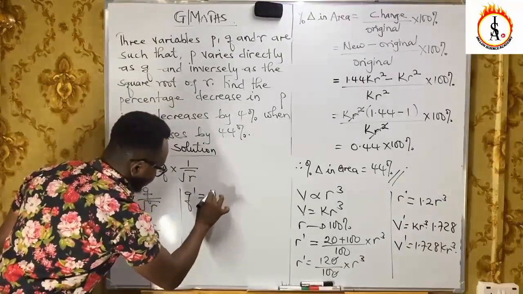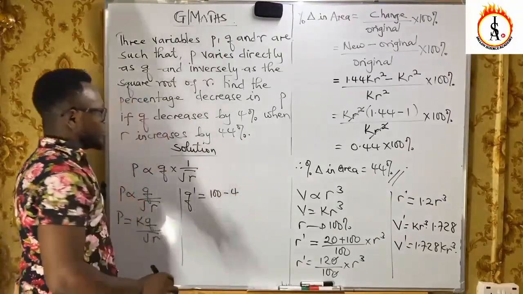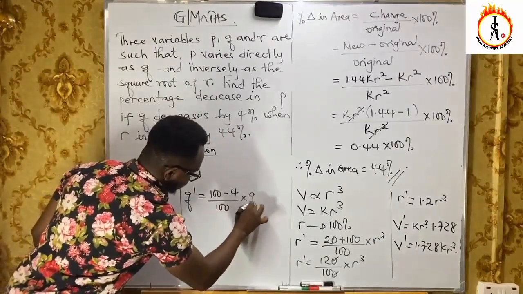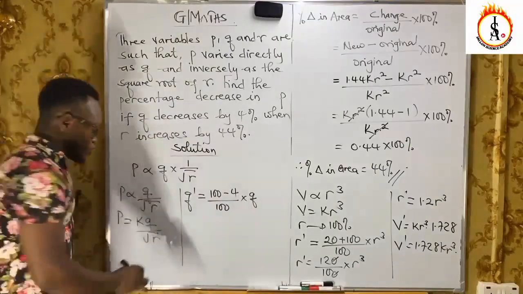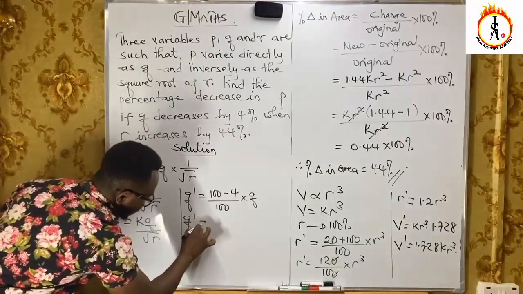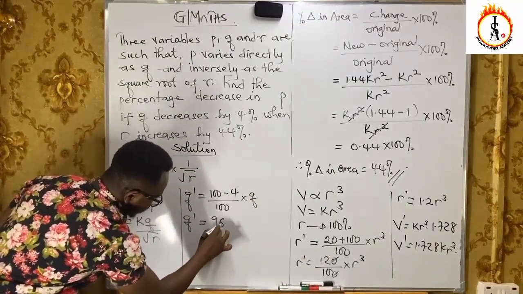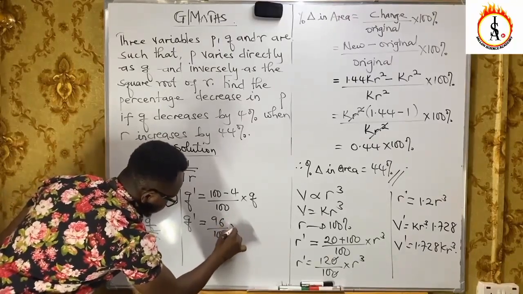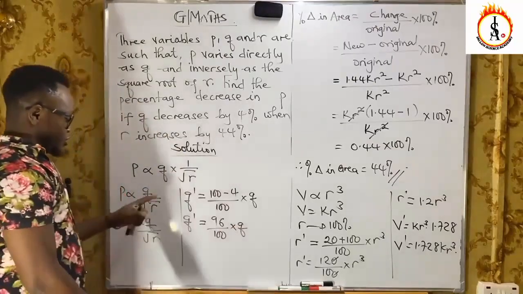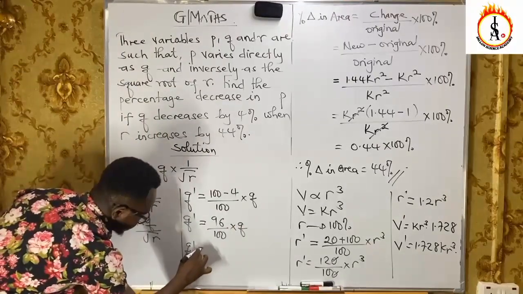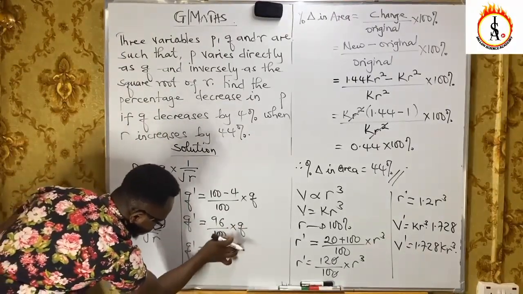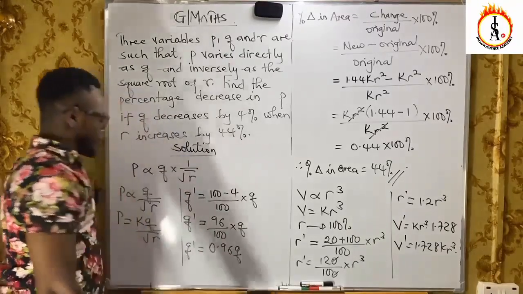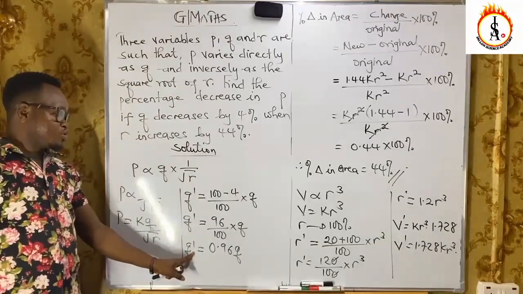So it is going to be 100 minus the percentage by which it is decreasing, which is 4%, expressed over 100 multiplied by our original Q. So Q prime will be equal to this minus this gives us 96 over 100 multiplied by Q. So Q prime will be equal to 0.96 Q. So this is what we get as our new Q.